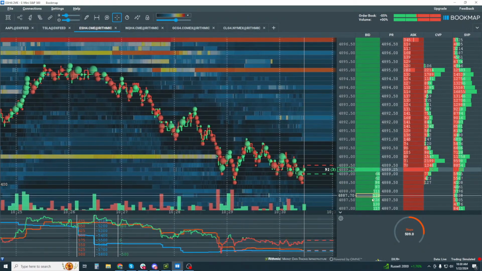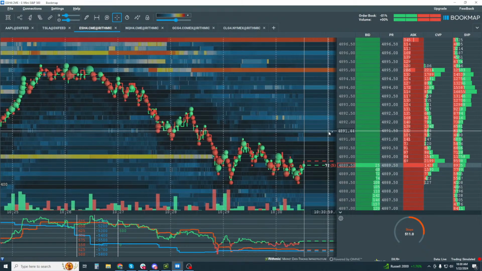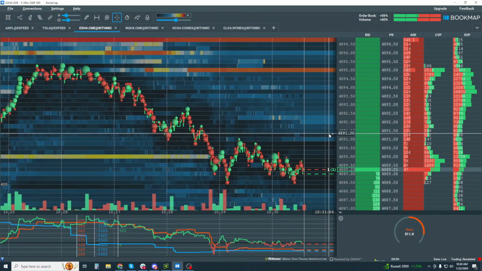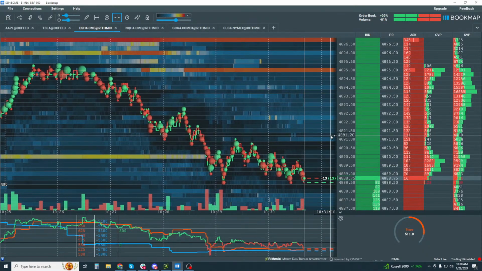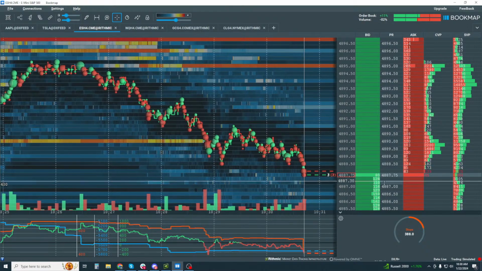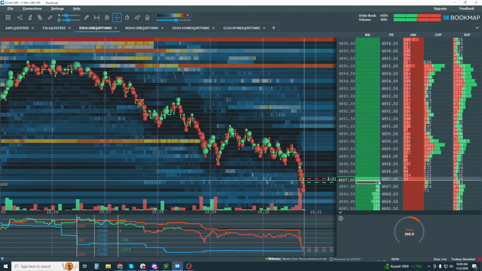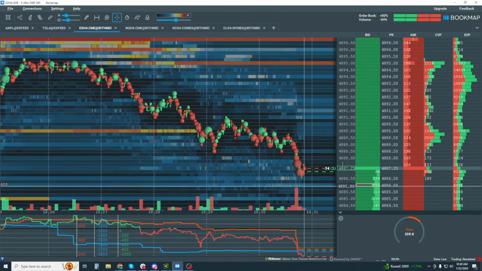Okay, so it's right in this little area here, 88, 87.50. And not seeing much here. Okay, here we go. Now we're starting to trade into it. There we go. Now that's going to be a real nice stop run. Still more liquidity down here at 86, 85.